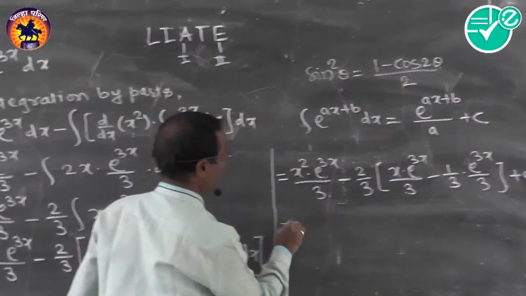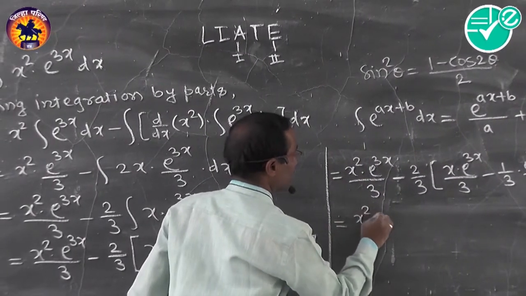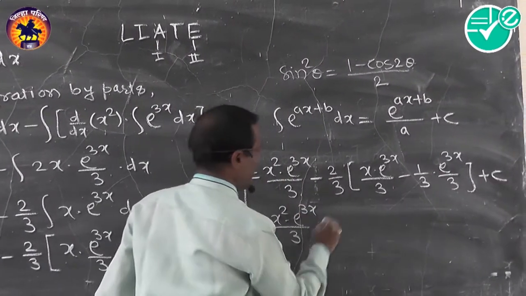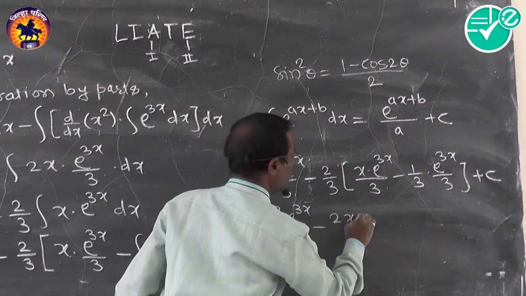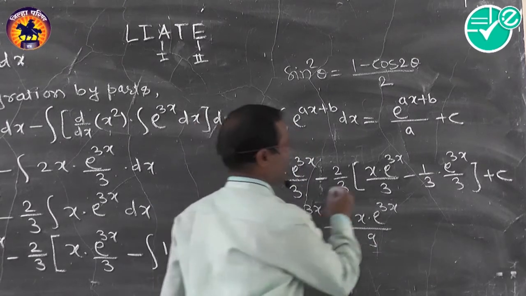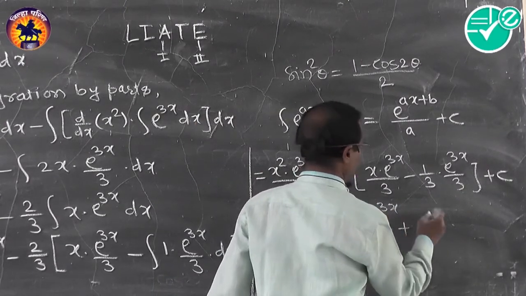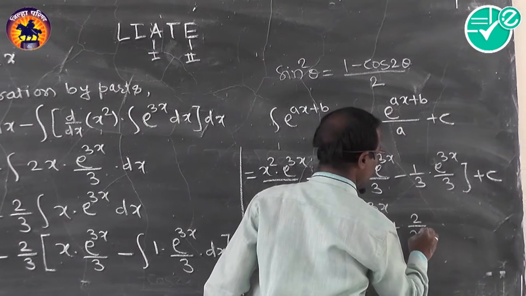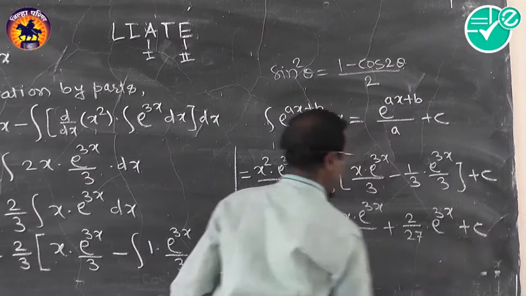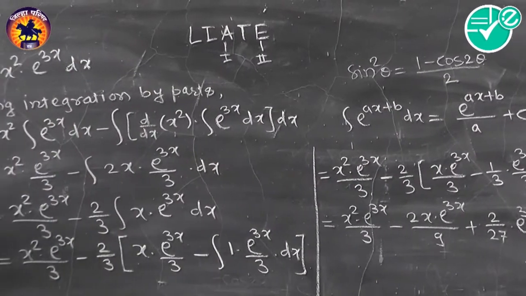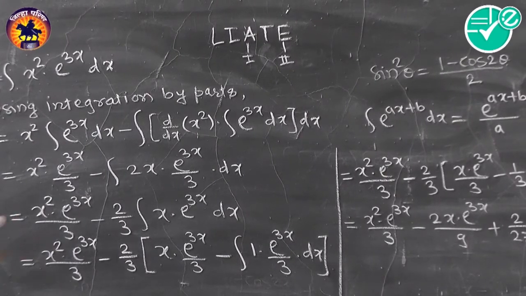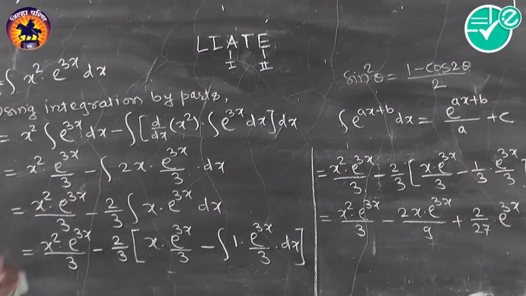So we get x square into e to the power 3x upon 3 minus 2x into e to the power 3x upon 9 minus minus plus 2 by 27 into e to the power 3x plus c, or we are going to take common here e to the power 3x upon 3, taking common from the last step.